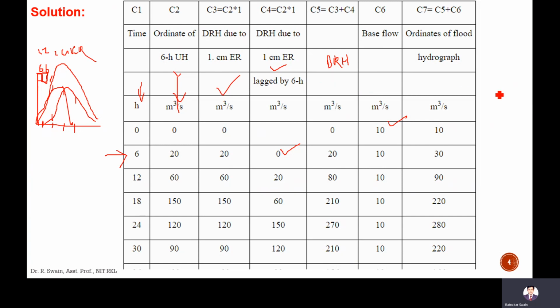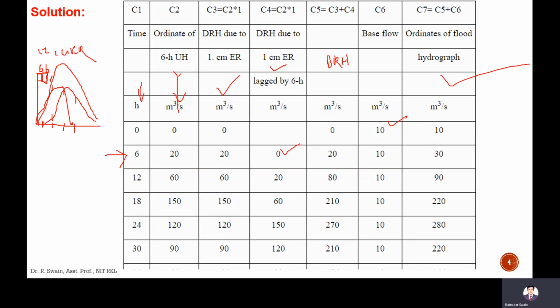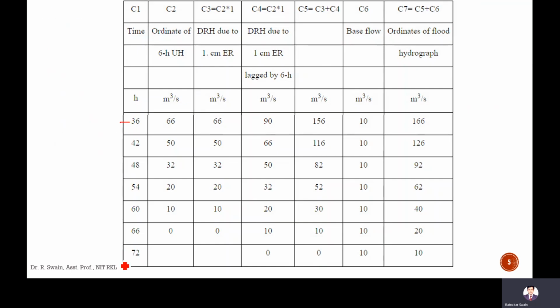DRH plus base flow will be the ordinates of the flood hydrograph. It's very simple: 0 plus 10 is 10, 20 plus 10 is 30, like this you have to write. In the last slide it was up to the 30th hour, and next it is from 36 to 72 hour.